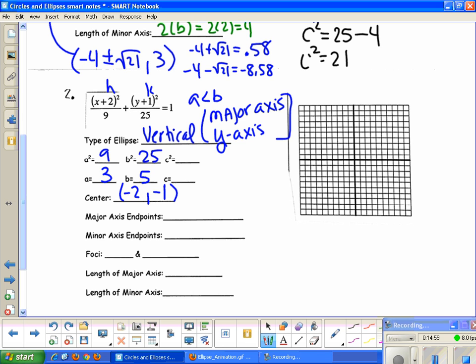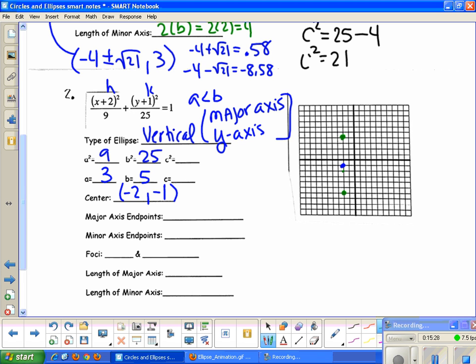So then when I plot this, I have -2, -1. So that's the center. Then for the next part, I'm going to count up a distance of 5 and down a distance of 5 because b is 5 and it goes with the y. So up 1, 2, 3, 4, 5, and down. And then that is my major axis.